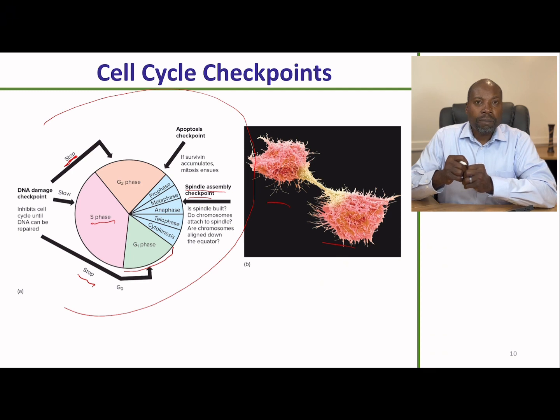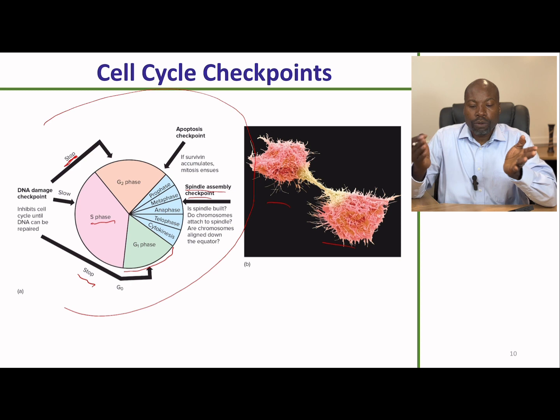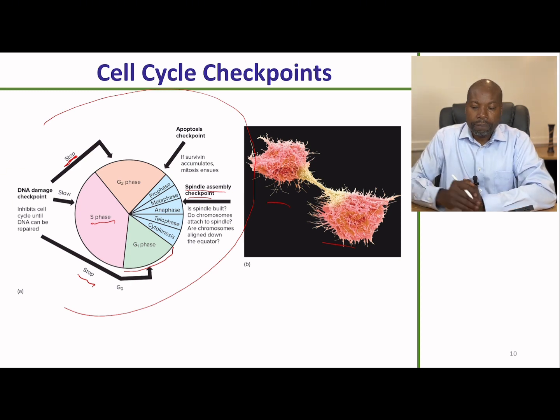So if the mitotic spindle is not properly attached to the centromeres, the cell cycle is going to stop until everything is back to normal. But if that problem persists, whether it is a problem with DNA integrity or inability to properly distribute the genetic information, the cell is going to undergo what we call apoptosis, or programmed cell death. You already know that term, right?